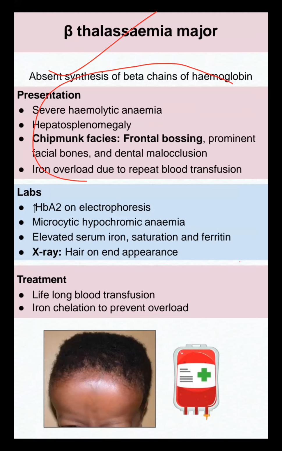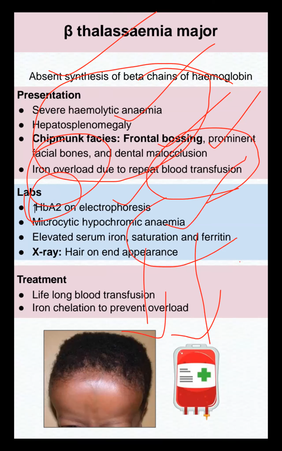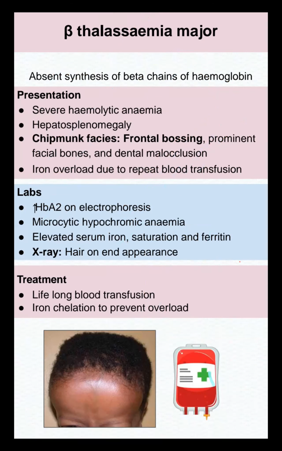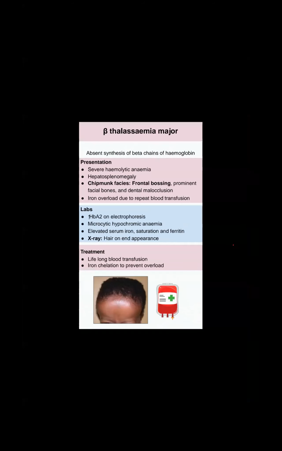So there is severe hemolytic anemia, frontal bossing, prominent facial bones, dental malocclusion, hepatosplenomegaly, and iron overload due to blood transfusion, which causes hemochromatosis. In the lab, hemoglobin A2 will be higher on electrophoresis, with microcytic anemia, and saturation and ferritin will be elevated, and there is a hair-on-end appearance on X-ray. In the exam, they ask the treatment: lifelong blood transfusion. If there is hemochromatosis or iron overload, we can do iron chelation.